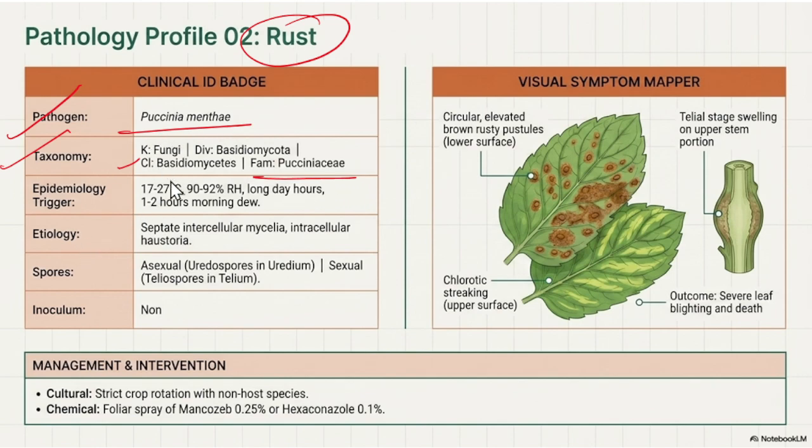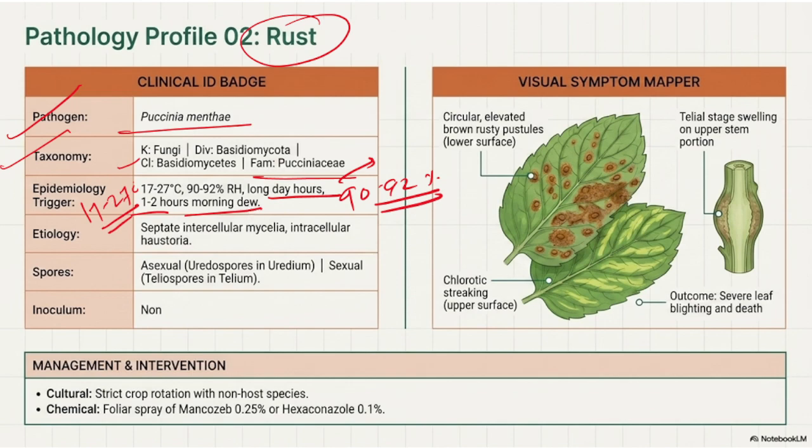The favorable temperature is cool, that is 17 to 27 degrees Celsius. Relative humidity is 90 to 92 percent, long day hours, and 1 to 2 hours of morning dew. These conditions are favorable for rust disease development.